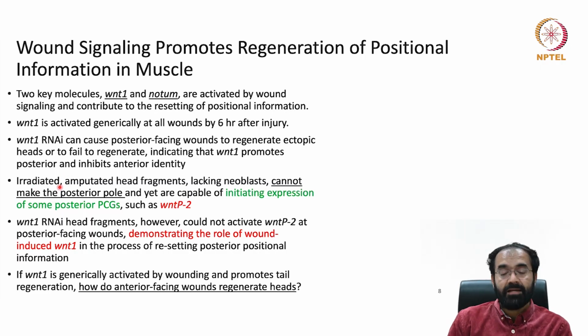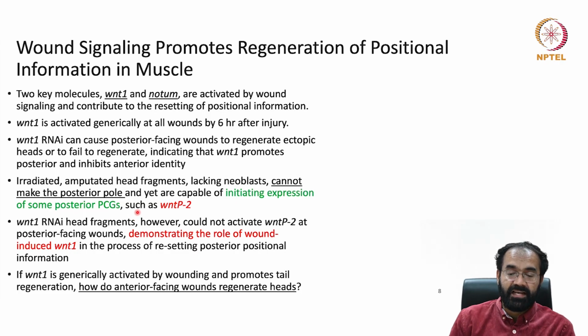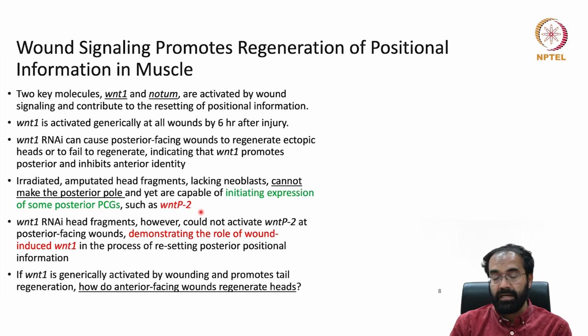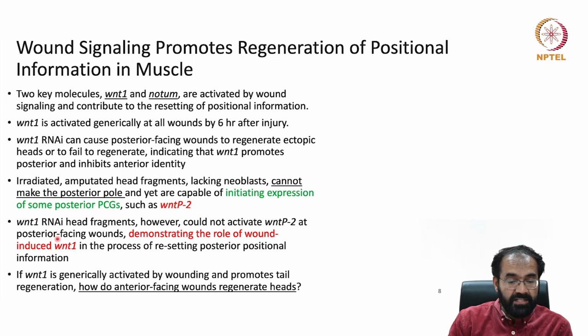Irradiated, amputated head fragments lacking neoblasts cannot make a posterior pole, and yet they are capable of initiating the expression of some of the PCGs, such as Wnt-P2. This is one of the Wnt related molecules. Wnt-P2 expression starts.